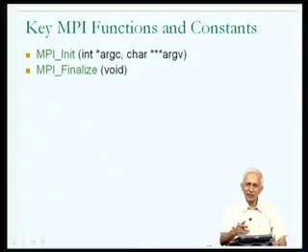Somewhere in between there's going to be activity of causing processes to run on the different processors of the parallel machine, and the communication between those processes. But one would expect to see MPI_Init at the beginning of the MPI program and MPI_Finalize towards the end.